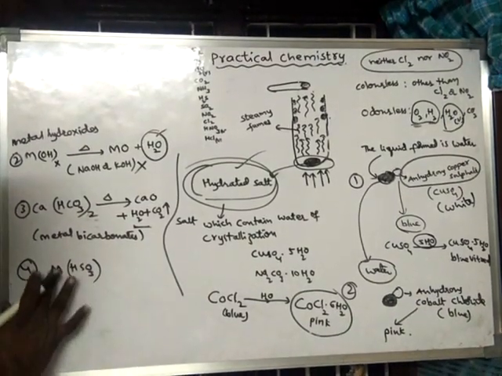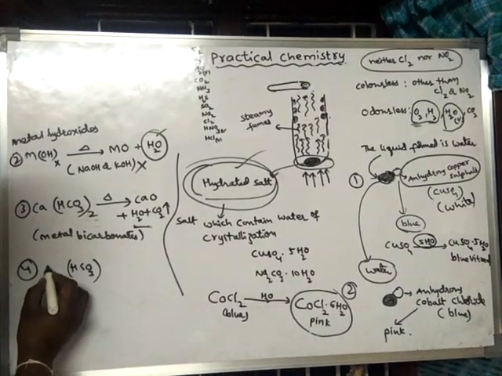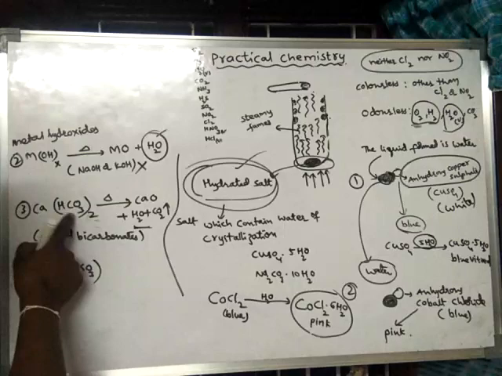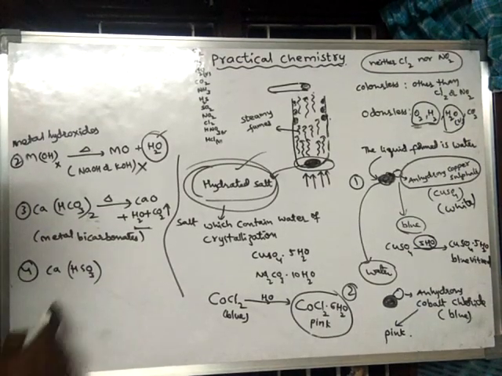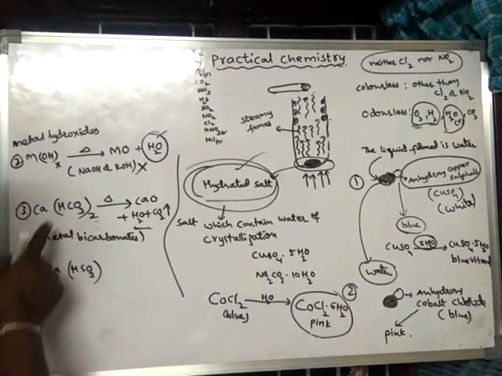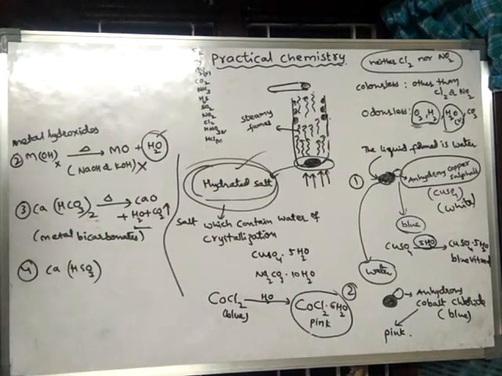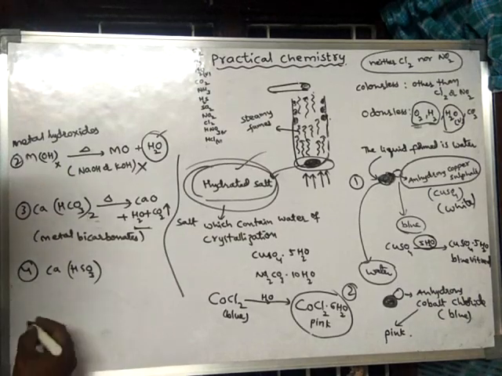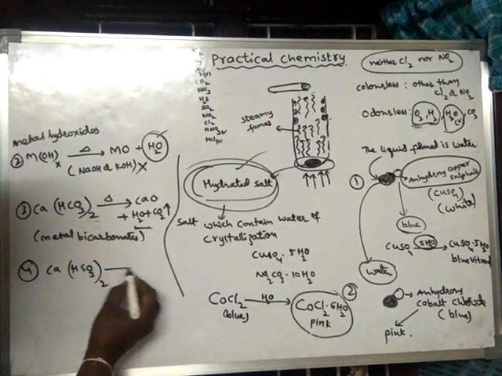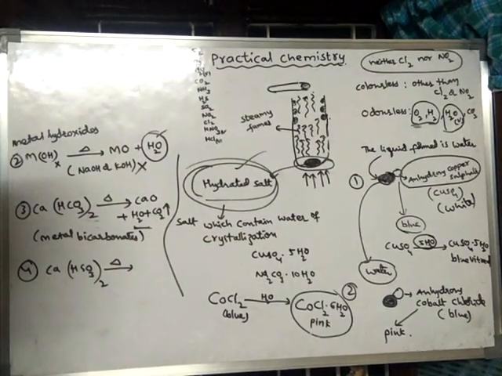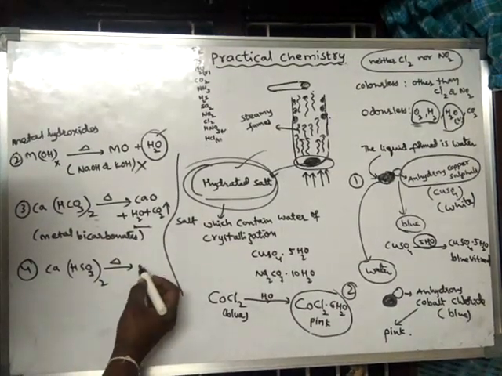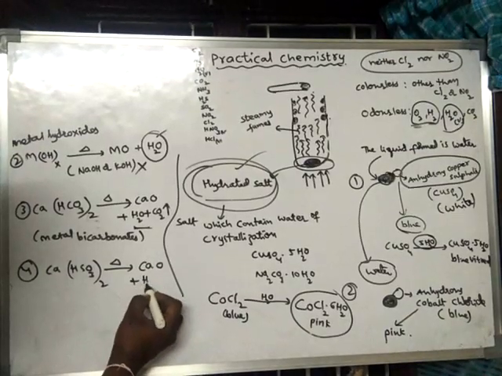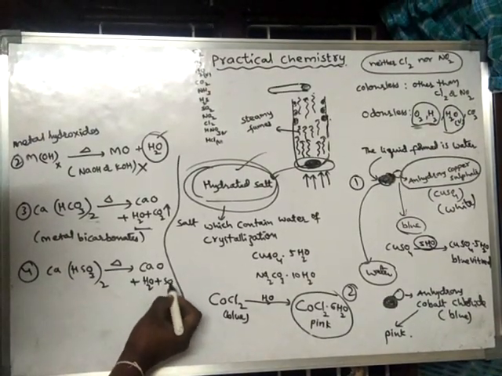So take calcium bisulfite. This is called bicarbonate and this is called bisulfite. It is also called hydrogen carbonate and hydrogen sulfite. Upon heating, what happens? It produces calcium oxide plus H2O plus SO2 gas.